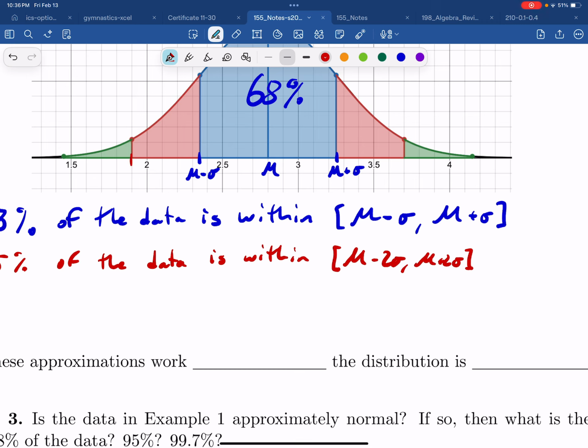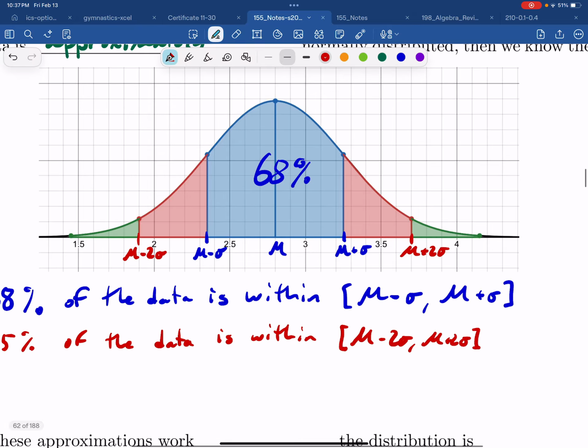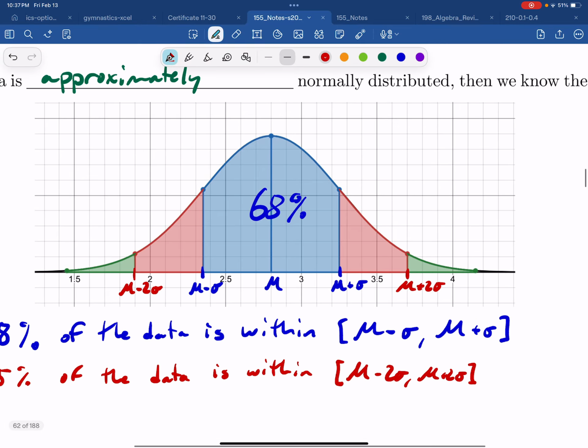Right, which is here to here. Roughly 95% of the data is within this interval, including that blue area.